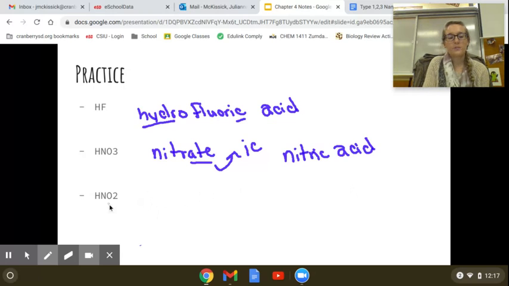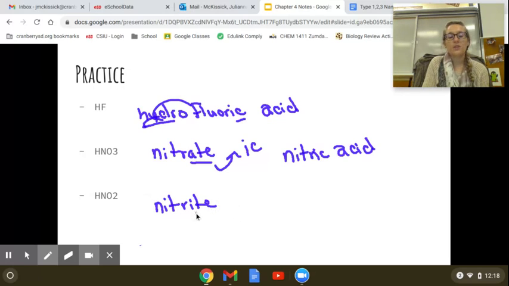Let's try it again. So HNO2. Again, does the anion contain an oxygen? Yes. So we can't do the first way. We're going to have to do it the second way. So we need to know what NO2 stands for. NO2 stands for what? Nitrite.